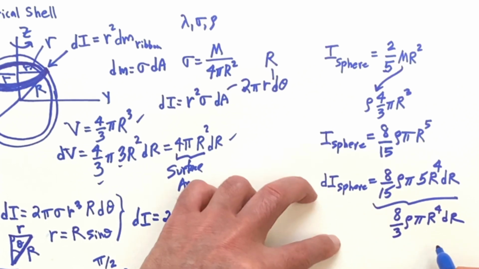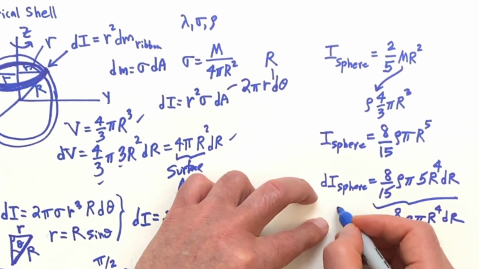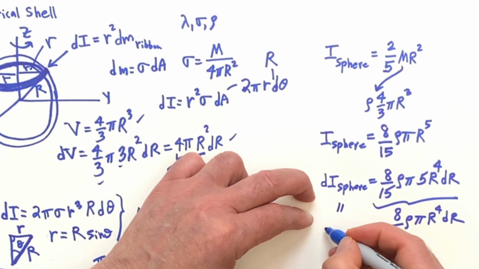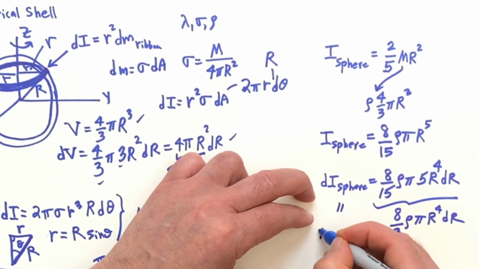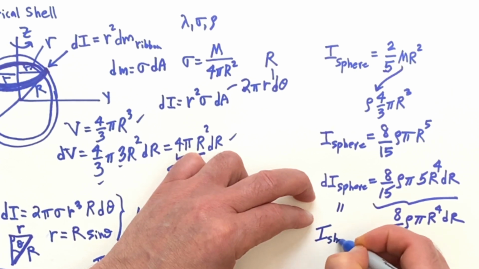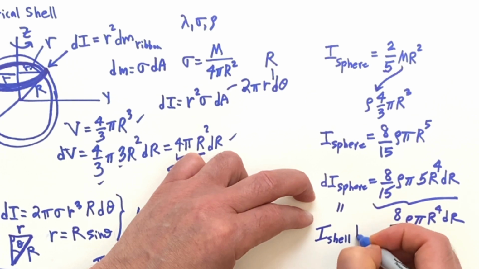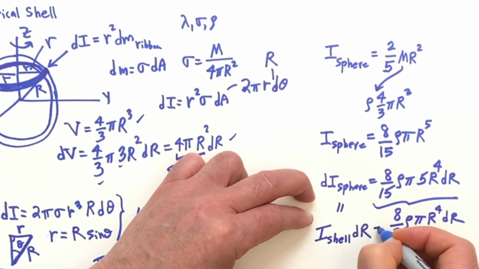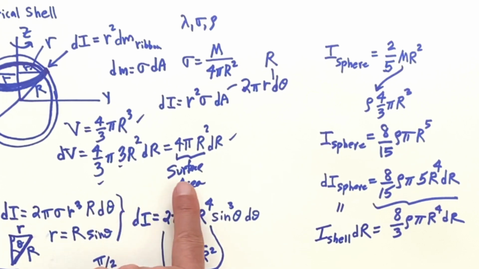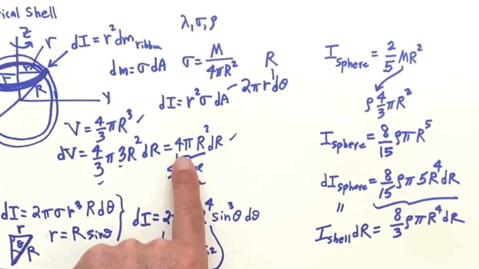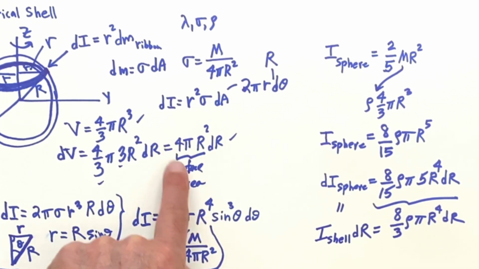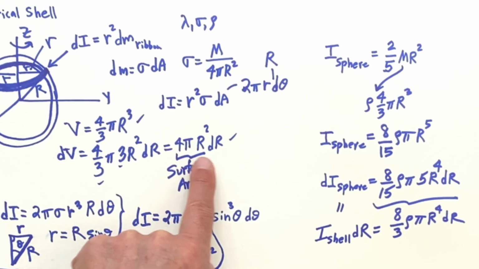So now what we're going to say is that this is equal to the I of the shell effect times dr. Just like we did over here, where we had a shell effect, surface area of the shell, times a dr.